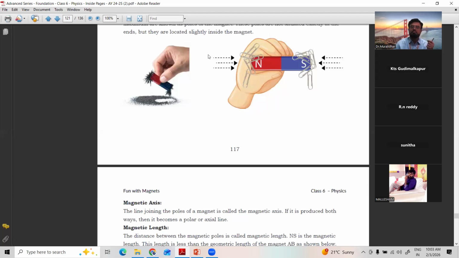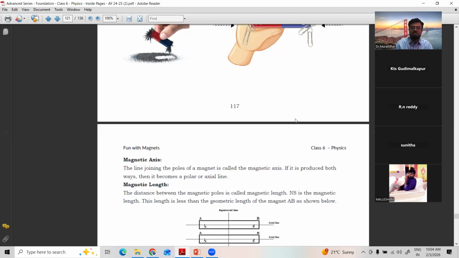They are named because whenever a magnet is suspended through a thread, it comes to rest and always shows the north-south direction. The side of the magnet showing the north side is called the north pole, and the south side is called the south pole. Like that, we can identify the poles of the magnet where the total magnetic power is concentrated. We have seen the experiment also, right?